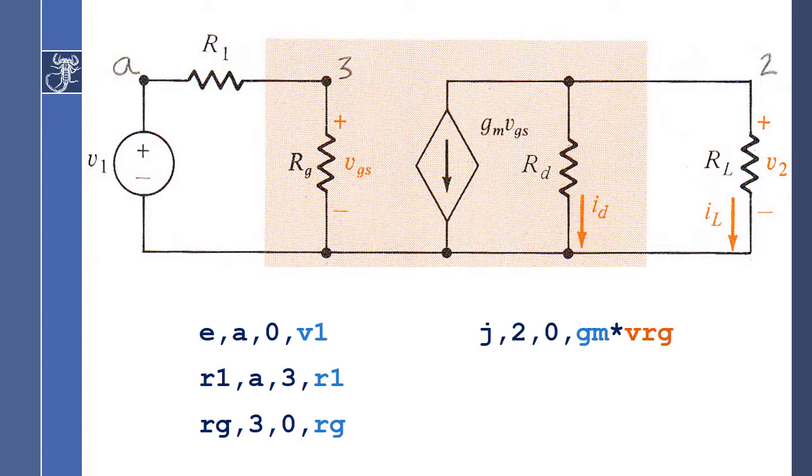Now to describe the dependent source, you would say J, because it's a current source, from 2 to 0, and the value is a constant Gm times the voltage drop in resistor G. So you say VRG. That's the voltage drop in resistor G. And then you have your resistor RD, nothing special there, and resistor RL. And here the question is to find V2.